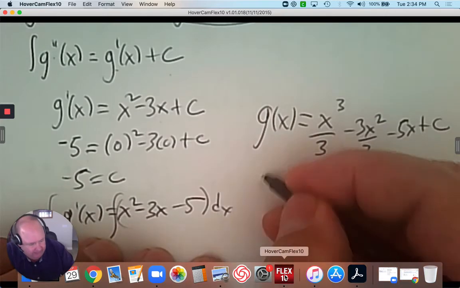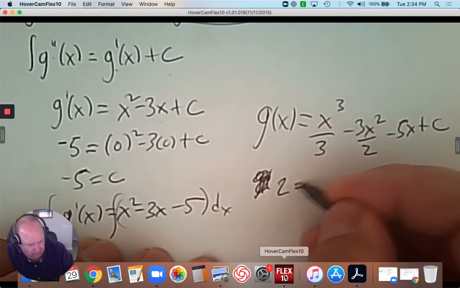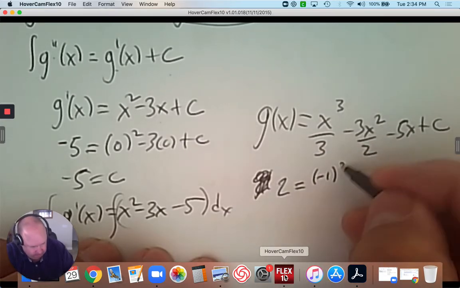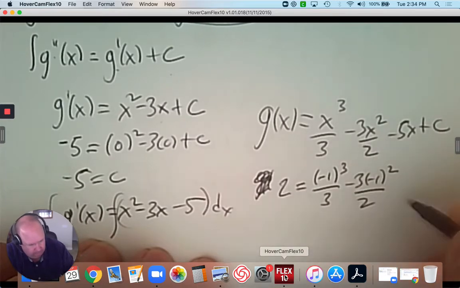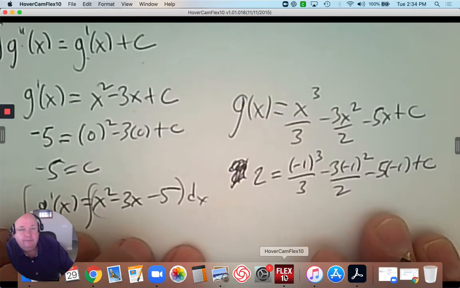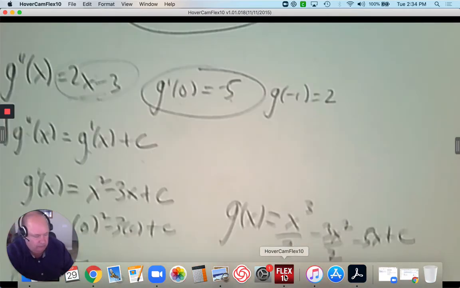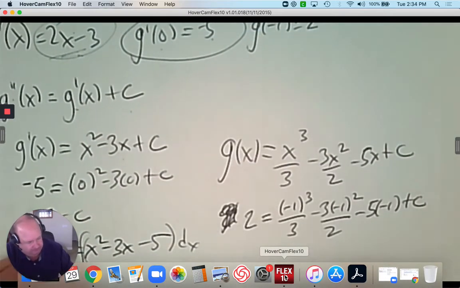We're given that the y coordinate is 2, and the x coordinate is negative 1. So the x is negative 1 and the y is 2. So plug that in and then solve for c.